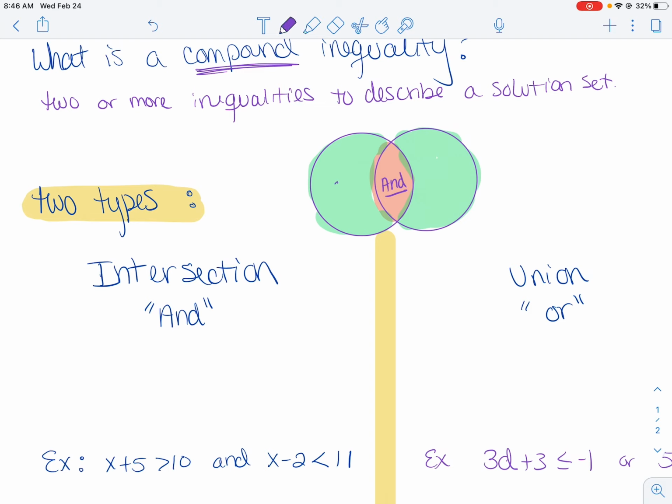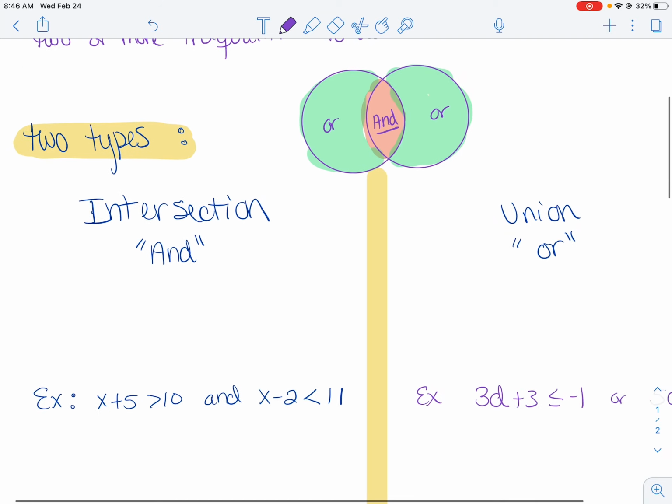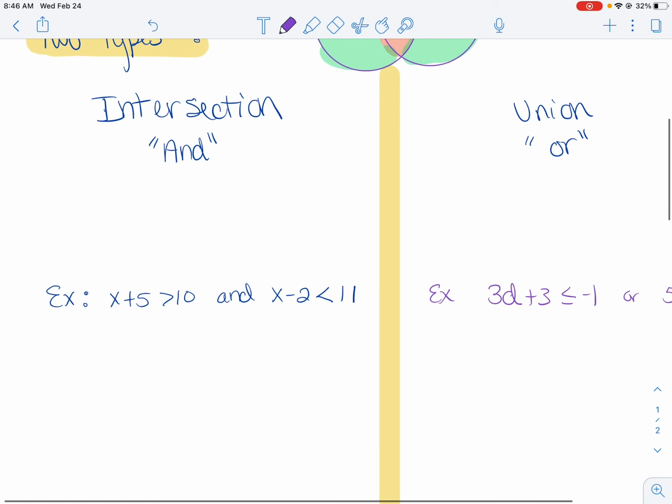Those would be your "or" type compound inequalities. Okay, so when you see the word "and," or a sandwiched inequality, that is the intersection, where those inequalities are overlapping. Whereas when we see the word "or," we can have either/or, all right? So let's talk about a couple of examples here.